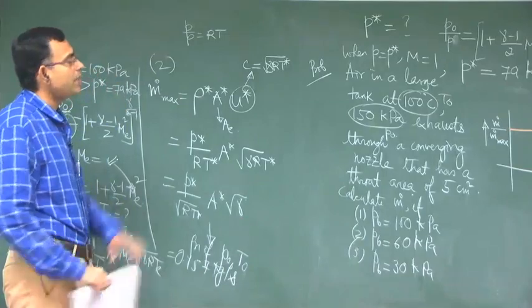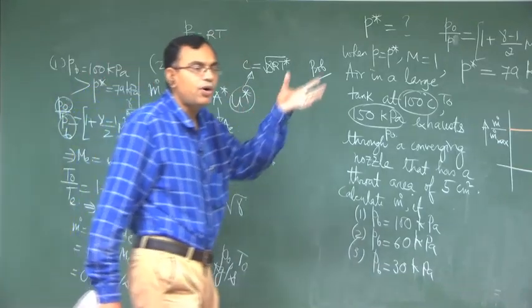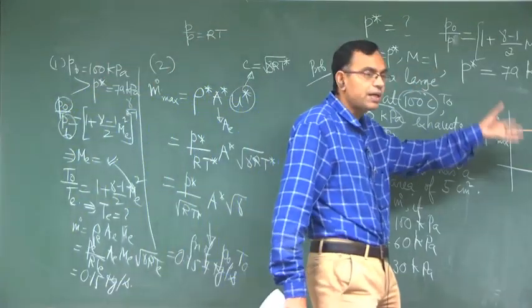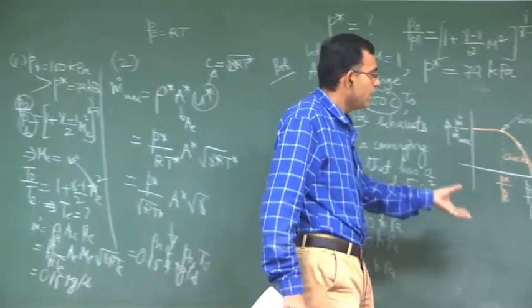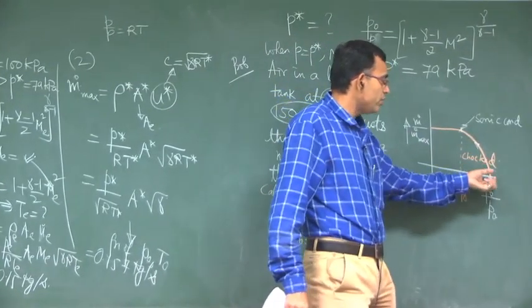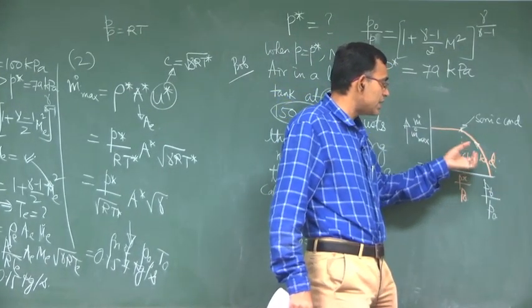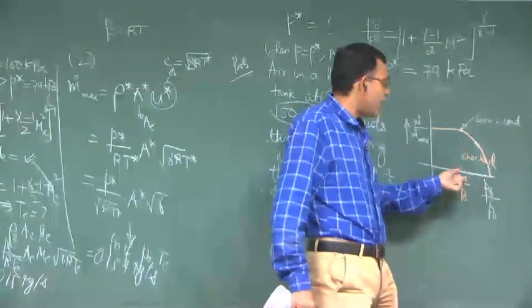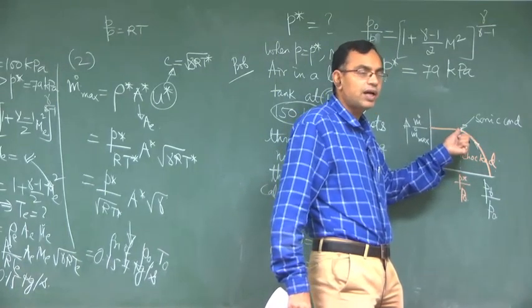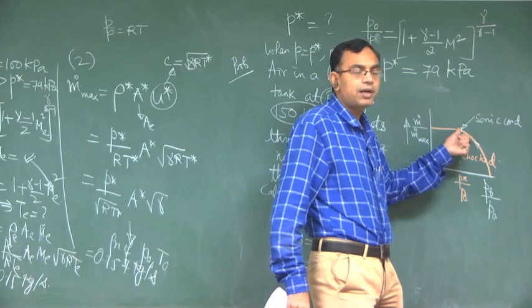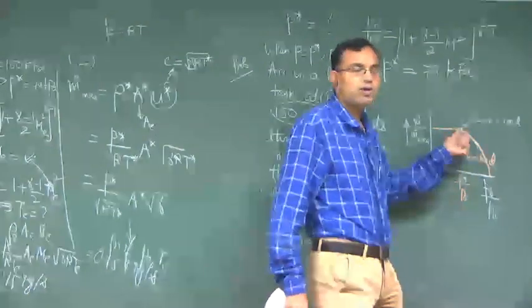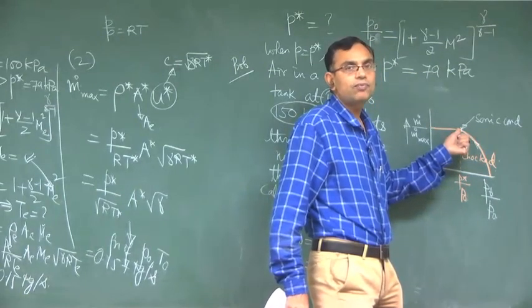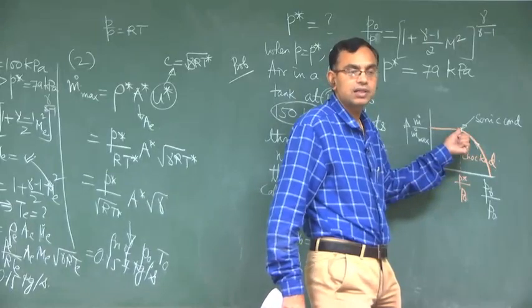So, this numerical problem gives you a physical feel of what maximum can happen in a converging nozzle. You have a back pressure, you reduce the back pressure, there is a critical limit at which you will get the maximum flow rate, where the Mach number at the exit is 1. You cannot accelerate the flow further beyond that in a converging nozzle.